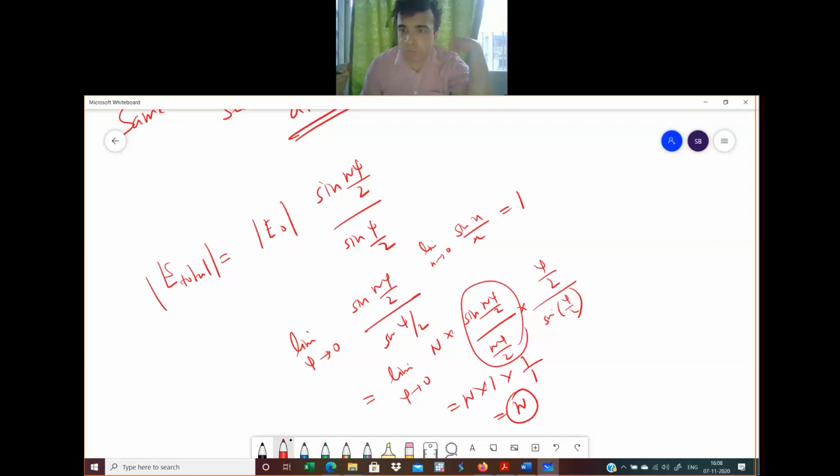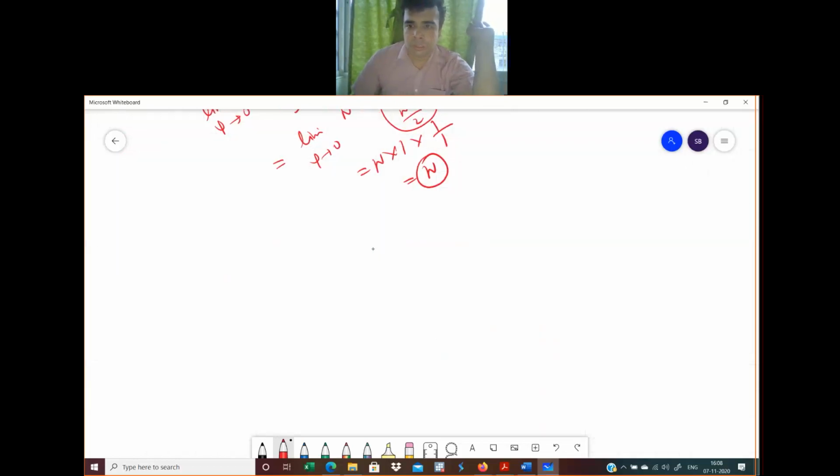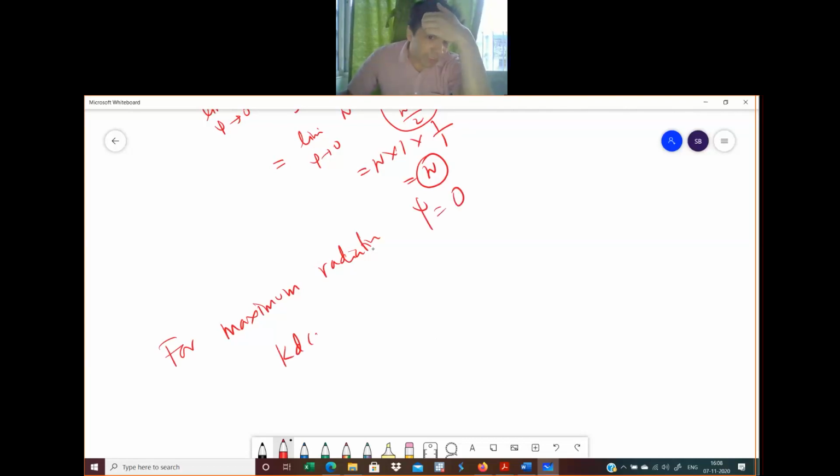And once again, we can have broadside and end fire patterns on the same logic. We need to have, for maximum radiation, psi should be 0, or kd cos phi plus alpha should be 0.